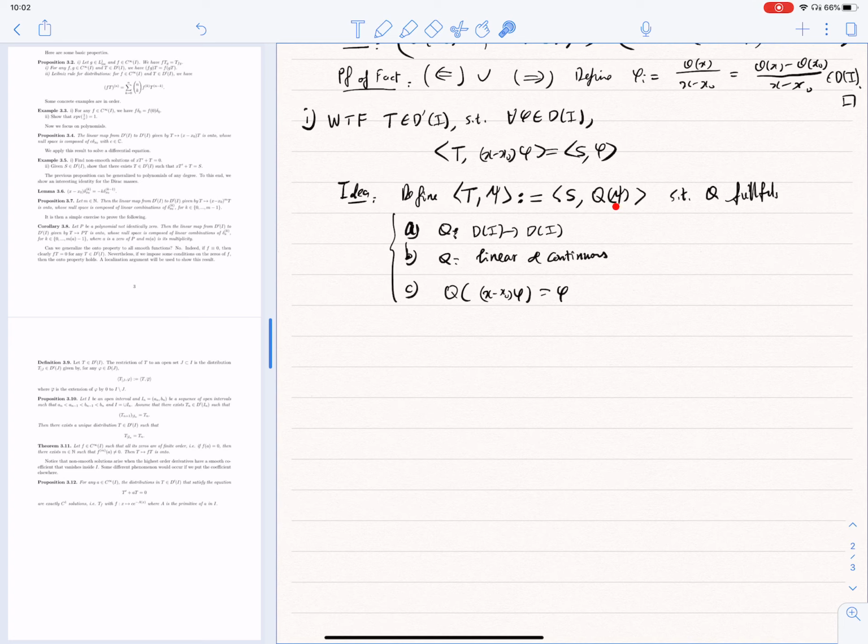Linearity guarantees that on phi it is linear, and continuity guarantees that it is a continuous linear form, so that this defines the distribution. And finally, as we said, we can get back this equation, so that we are finished.